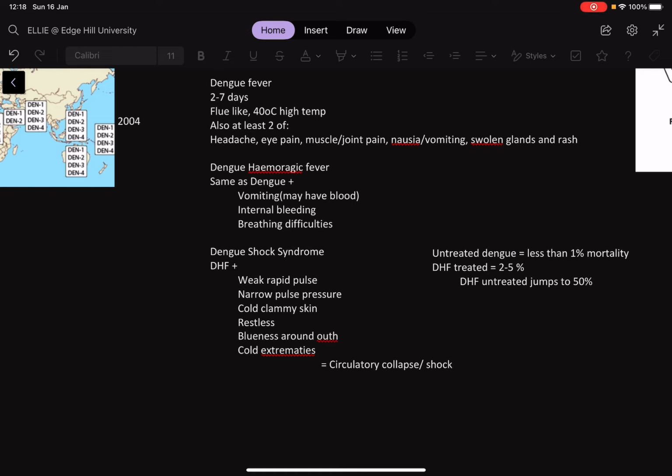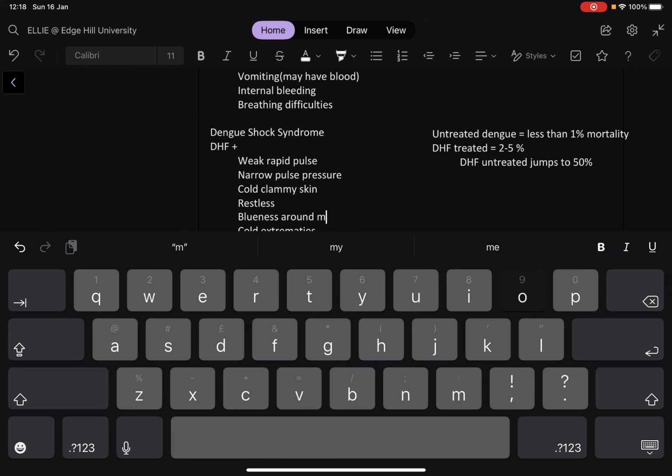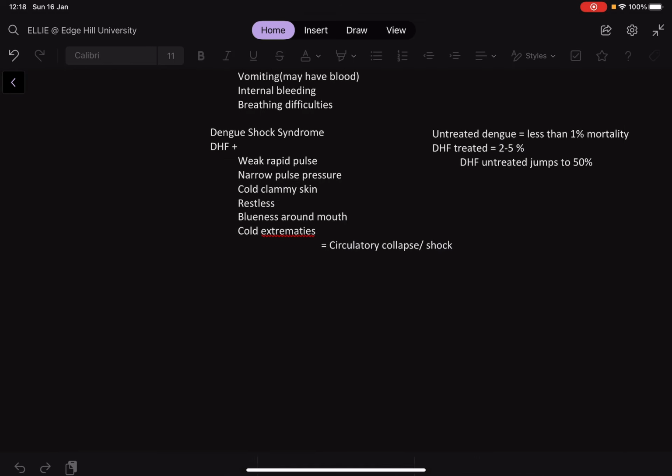Dengue shock syndrome is the worst one, so it is the same symptoms as dengue fever and dengue hemorrhagic fever, but you also have a rapid and weak pulse, narrow pulse pressure, you're cold and clammy, you feel restless, you have blueness around the mouth, and you have cold extremities, so like your fingers.